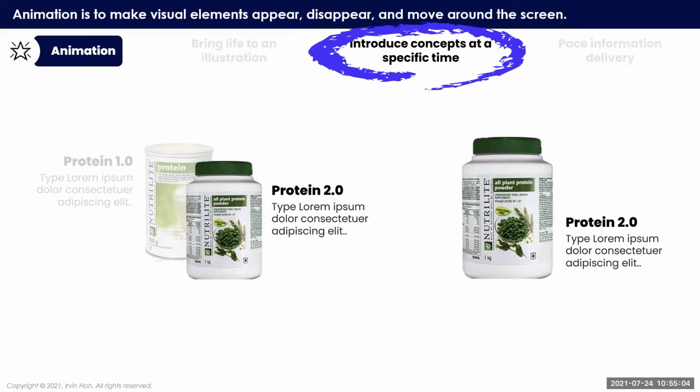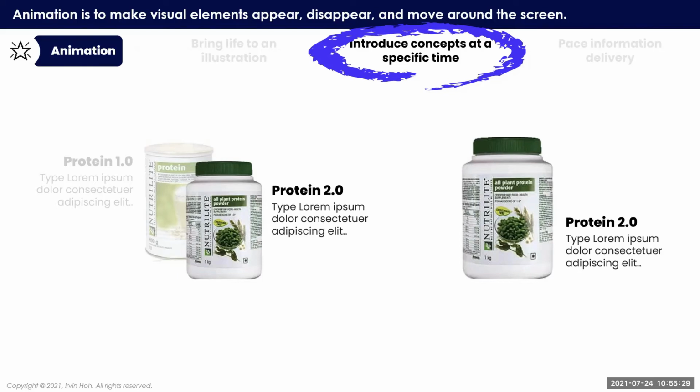But the second illustration, which I'm showing you on the right-hand side, means that I show the protein 1.0 first, then only I show the protein 2.0. I straight away fade off the protein 1.0. I don't want people to still remember it, or still see the protein 1.0 while I am talking about protein 2.0. So either way can work. It depends on your approach.